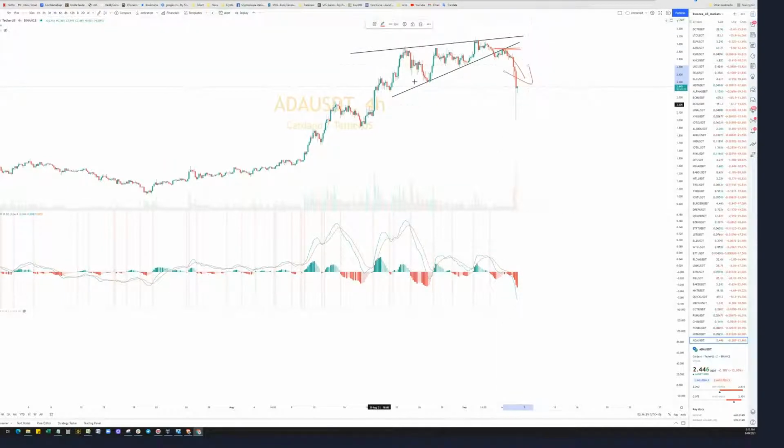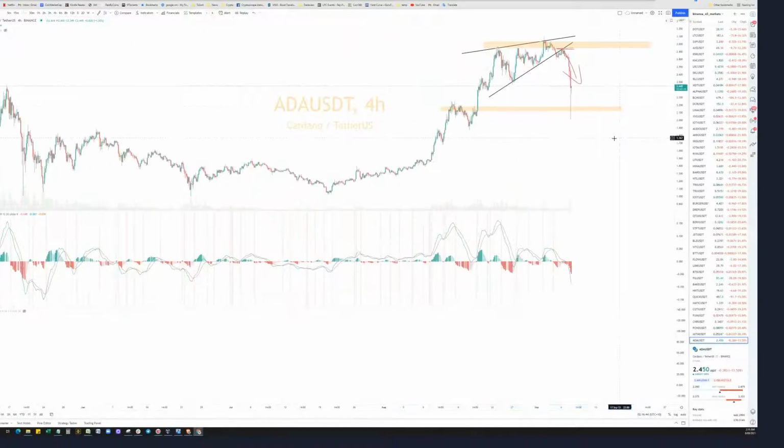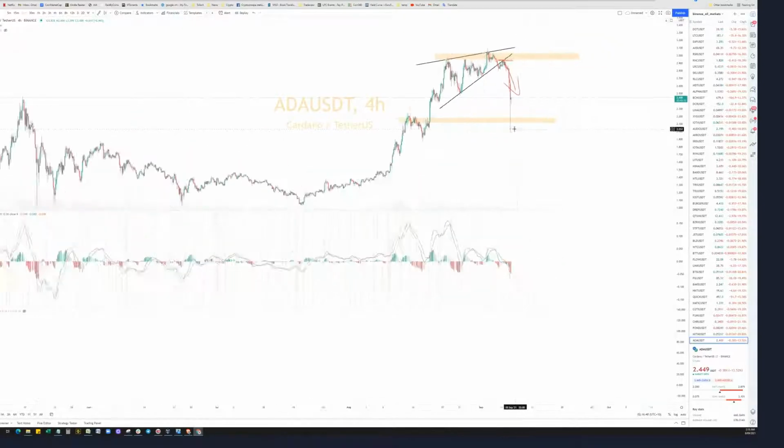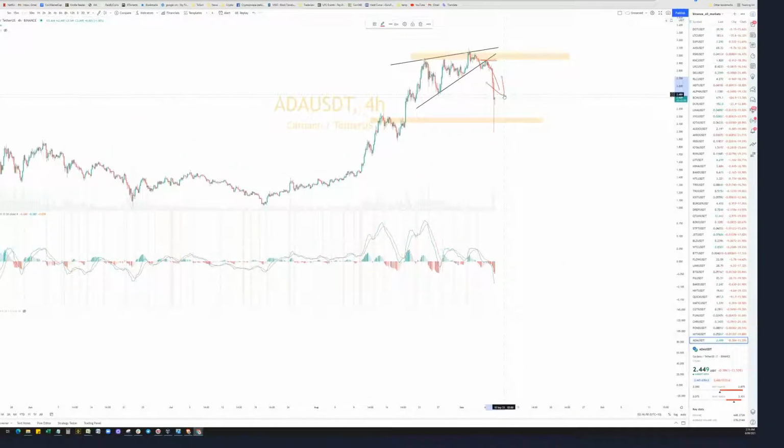So now my thinking on ADA is this. Even though it went down further, I didn't think it would go there. I thought it would have been right here. And it's my opinion that this is a big, large reaccumulation structure that is going to take place. So ADA's not going to be going up anywhere soon, in my opinion.